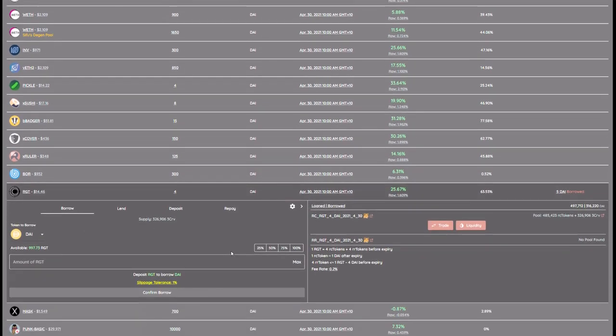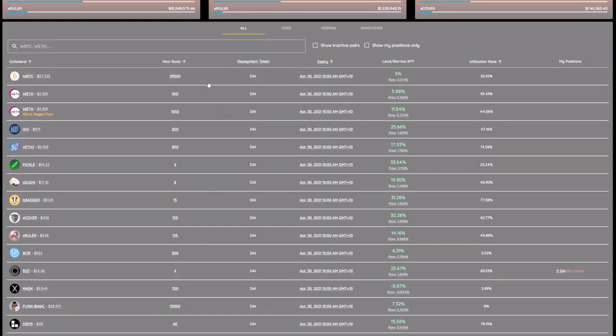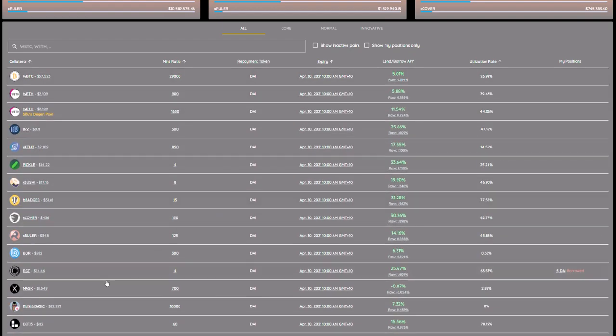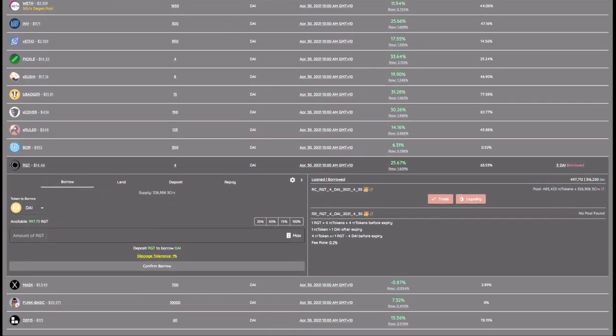So we're going to go in and borrow against our RGT token. Before you lend anything or interact with the protocol, you're only going to have the options to borrow, lend, or deposit. We'll come to the other two in another video. All you need to do is put in the amount of tokens you want to borrow against.